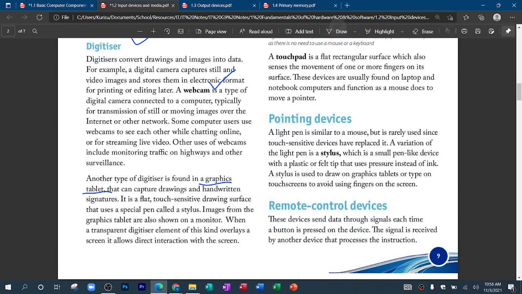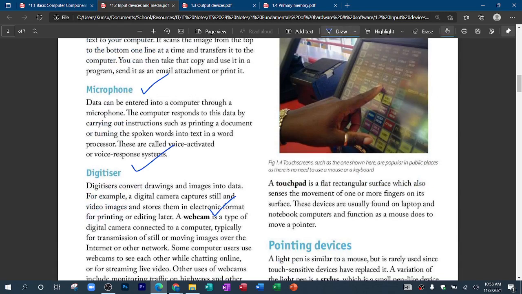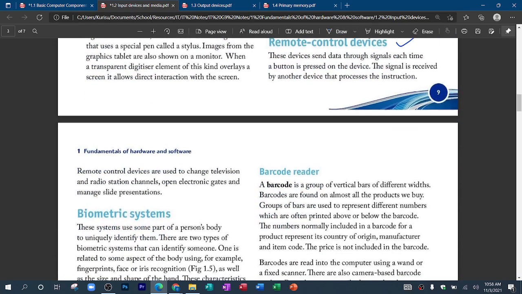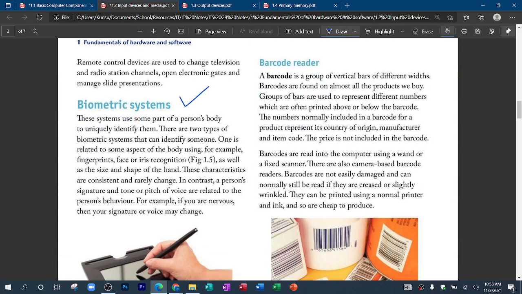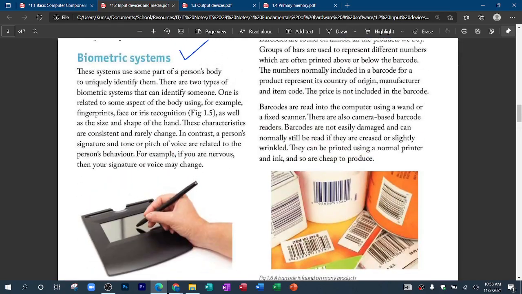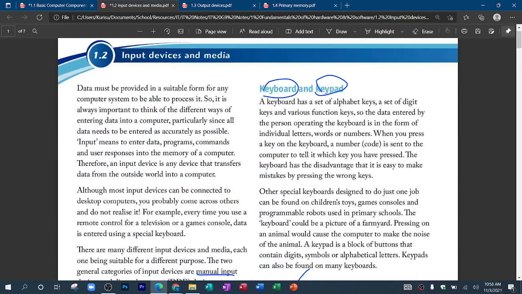For touch devices, we have a touch screen and the trackpad or touchpad. For pointing devices, we have the light pen and the stylus. Remote control devices, any remote basically. We have biometric systems, anything that scans a part of your body. Those are all examples of manual input devices.